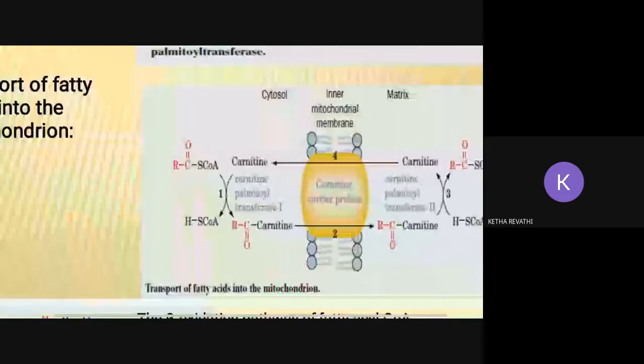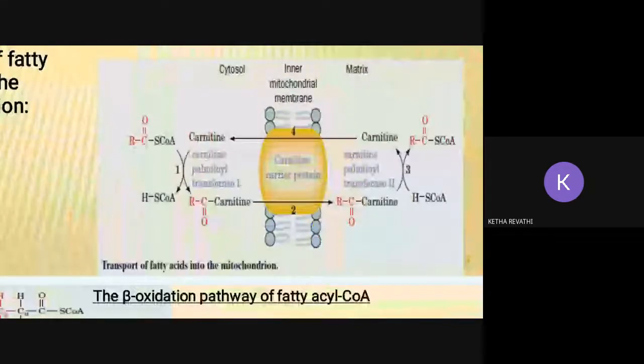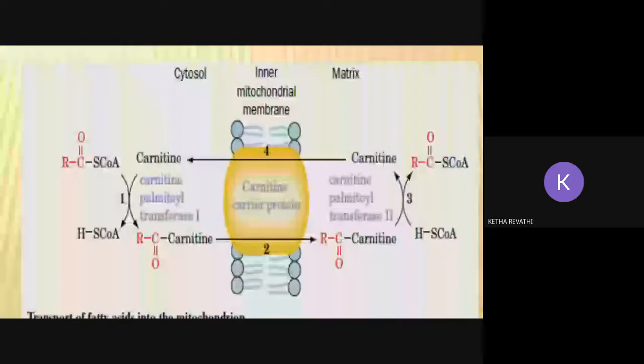Now coming to the transport step. The second step is the transport step. In the transport step, we have the cytosol region, the inner mitochondrial membrane and the mitochondrial matrix. Initially, RC double bond O S-CoA, also called acyl-CoA.